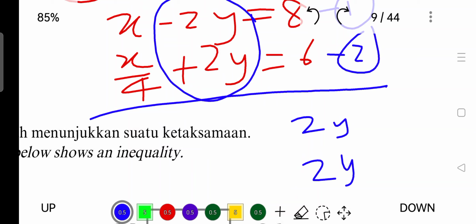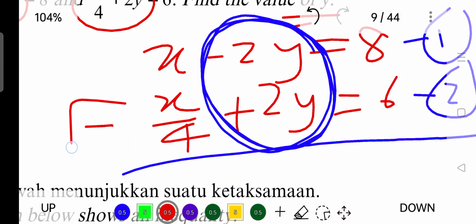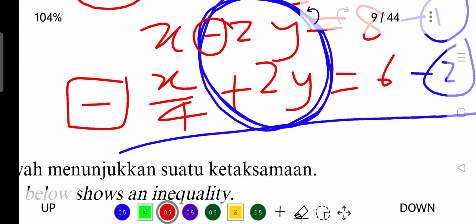But whenever you see at least one negative symbol in the up and down cases, I just put a minus at the side. At least one. If here is plus, I can just minus, right?